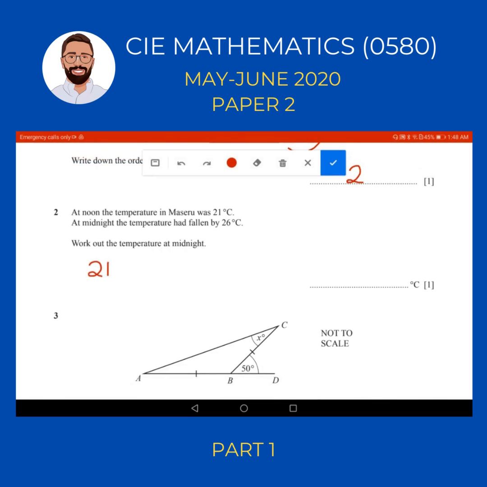Then at midnight it had fallen. So had fallen means minus. So it had fallen by 26 degrees Celsius, so minus 26 degrees Celsius. So 21 minus 26 is negative 5 degrees Celsius. So the temperature at midnight is negative 5.